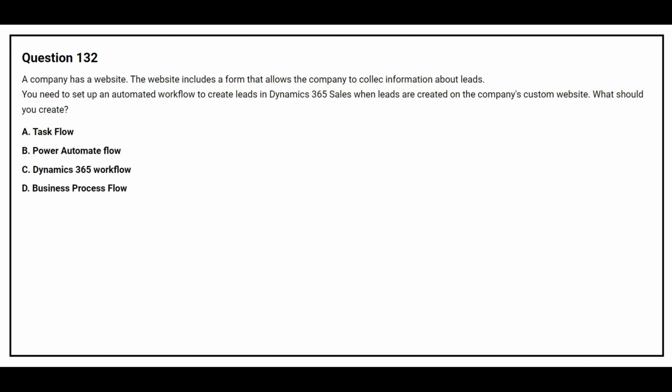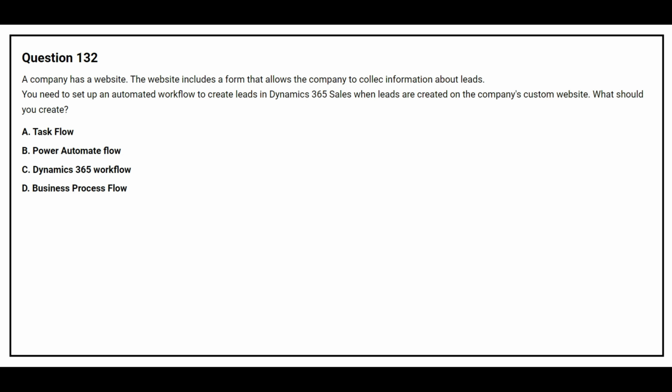Question number 132. A company has a website. The website includes a form that allows the company to collect information about leads. You need to set up an automated workflow to create leads in Dynamics 365 Sales when leads are created on the company's custom website. What should you create?